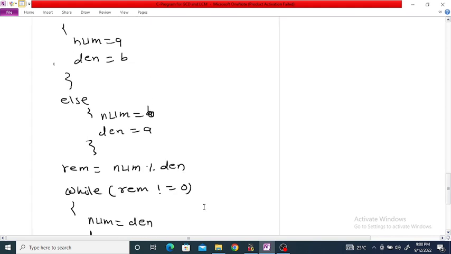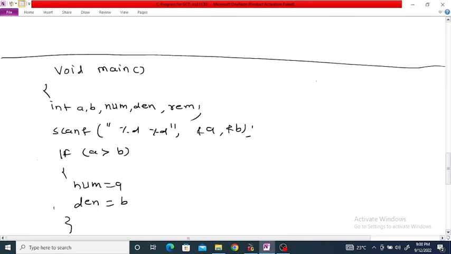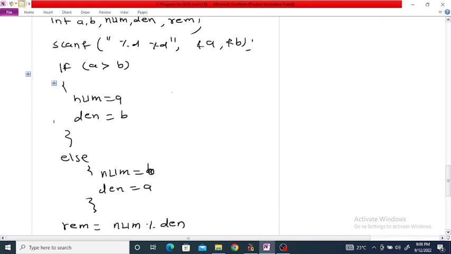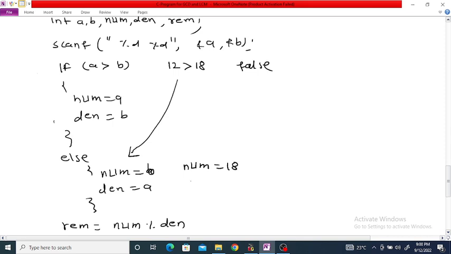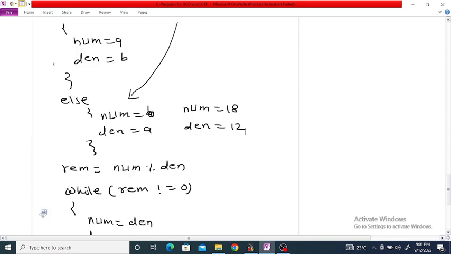So for example, say a is equal to 12 and b is equal to 18. Now the condition 12 greater than 18 is false. So numerator is equal to 18 and denominator is equal to 12. Then the remainder is 6.